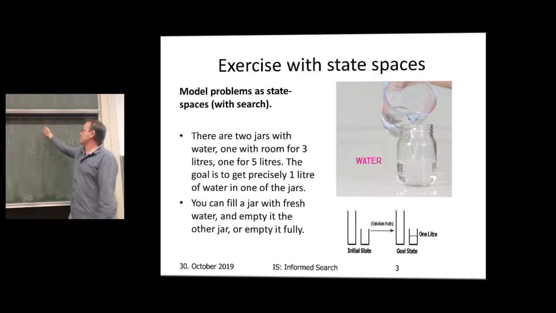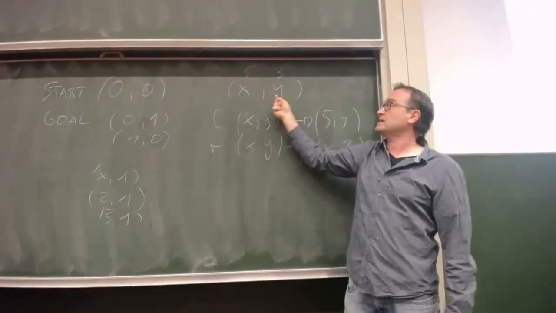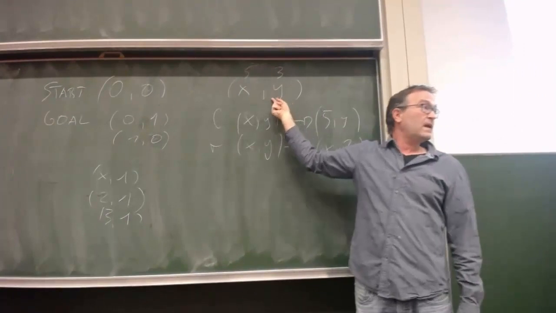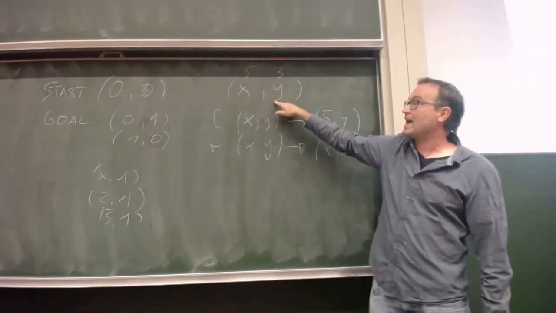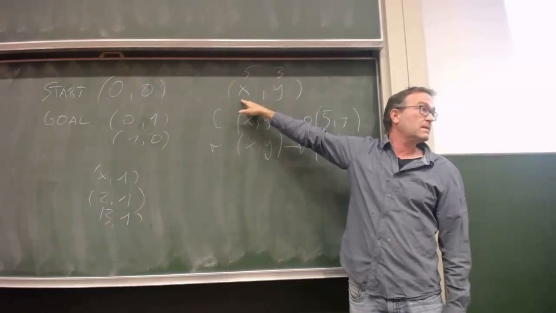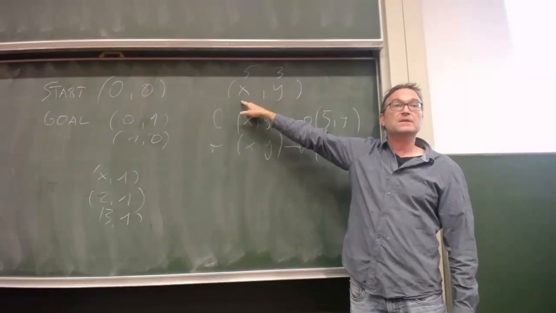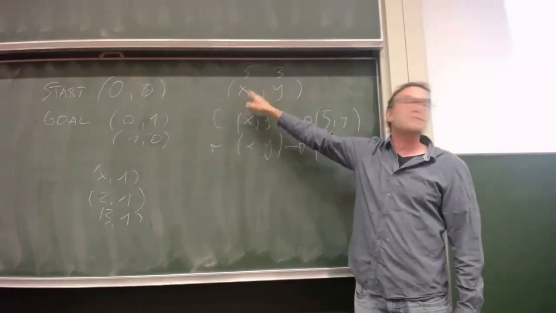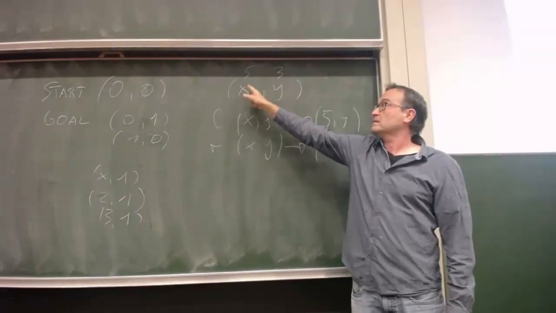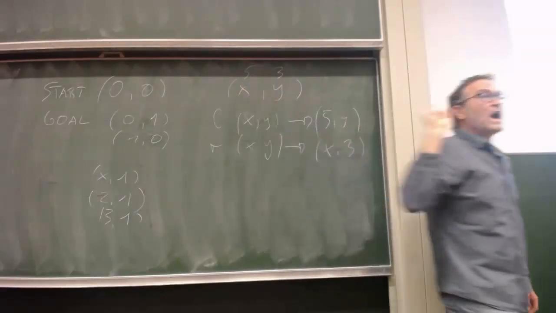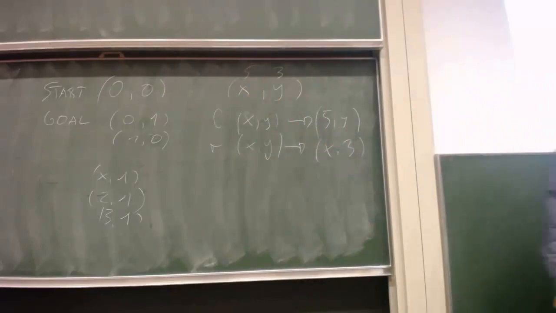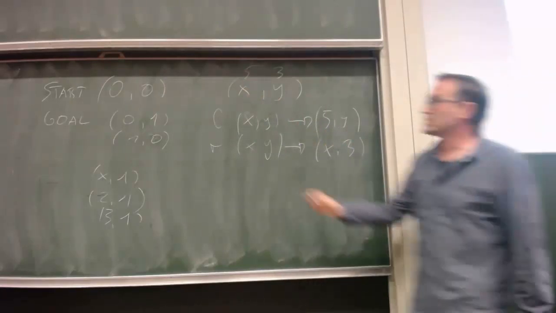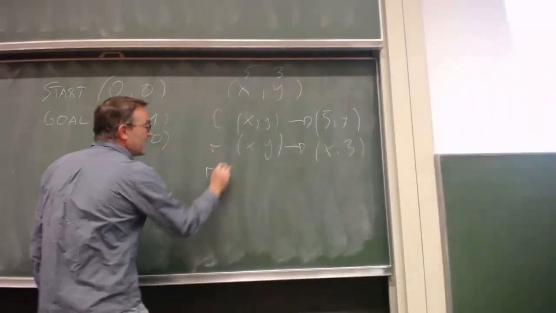If you have x and x is bigger than 3, then this will always end up with a 3, and otherwise it will end up with y plus the content of x. So you take the minimum of 3 and x plus y. That would be an action pouring from right to left.